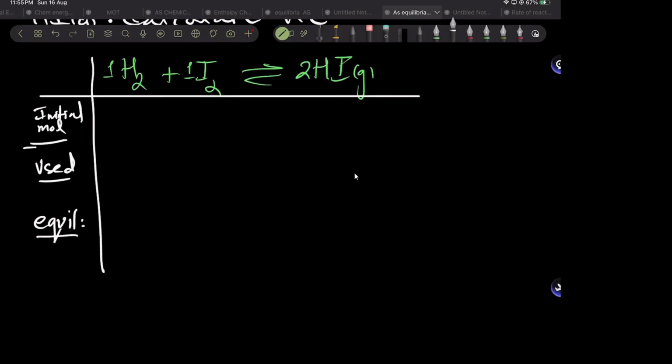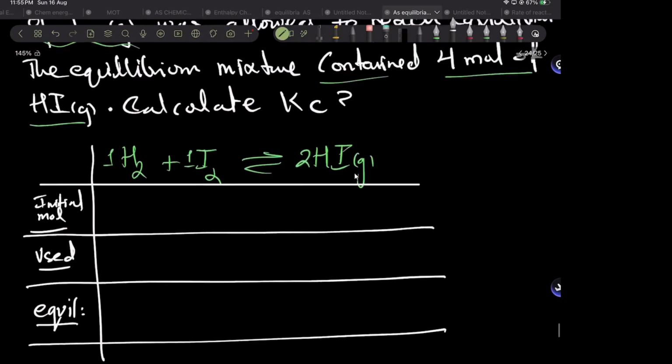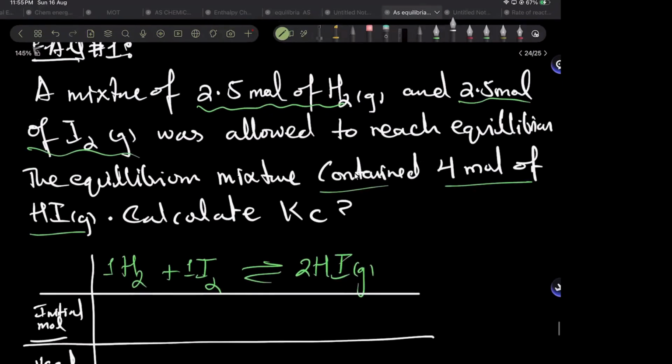All right, these 3 headings always in the Kc question. Now, what are the initial moles of H2 and I2 that I put inside the container, or that were allowed to react with each other? 2.5.